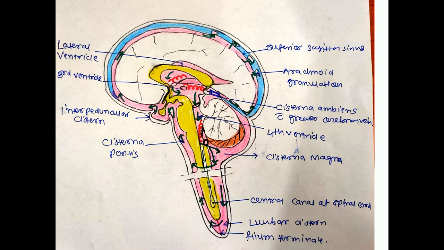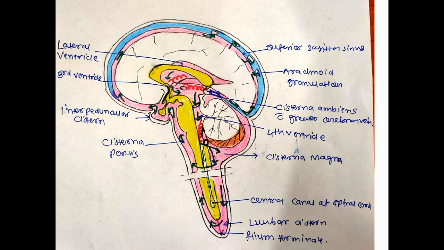Okay. And thereby it provides the hydraulic shock absorber function. Not only does it provide protection, it provides floatiness to the brain and spinal cord. So we can say the brain and spinal cord float, they swim inside the CSF.